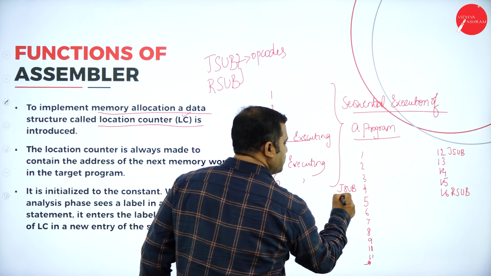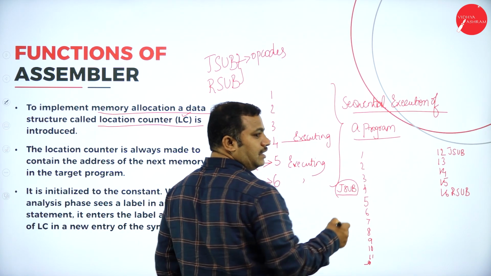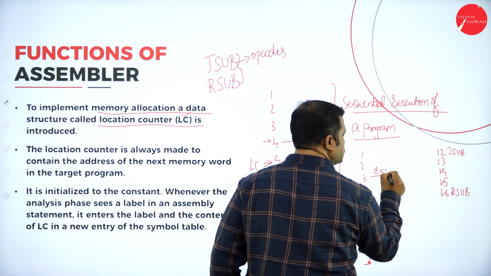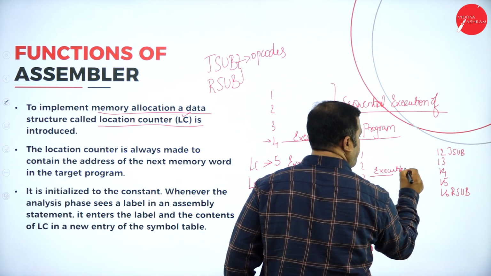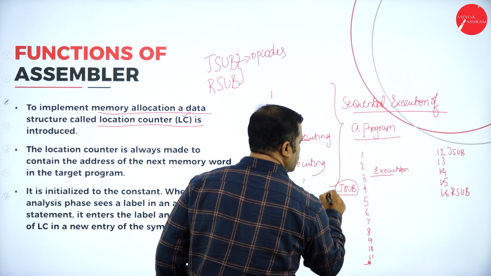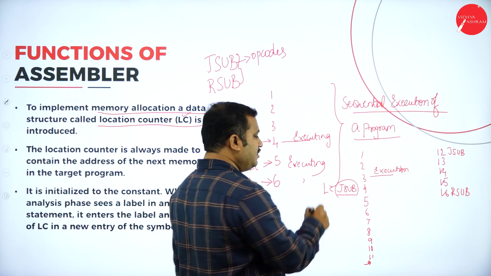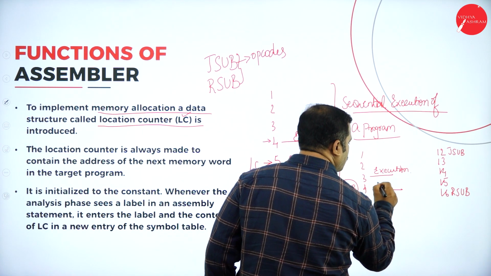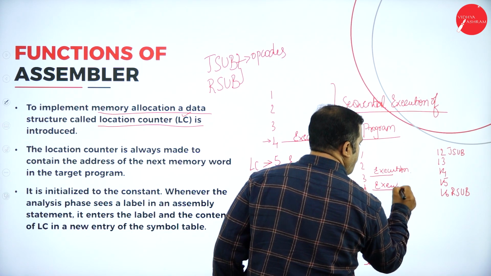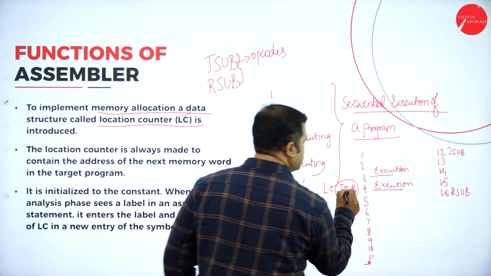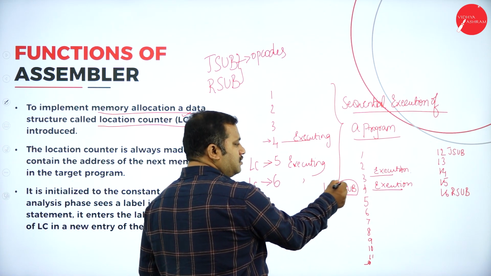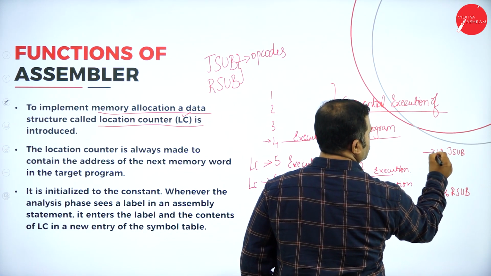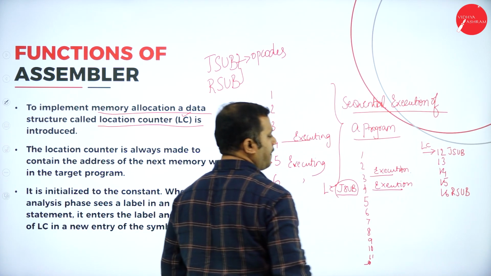When you are executing the third instruction, the location counter points to JSUB. When you are executing the fourth statement, JSUB indicates that the control has to jump from here to this location, so the location counter points to here.